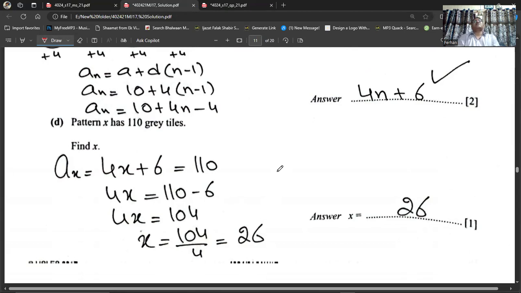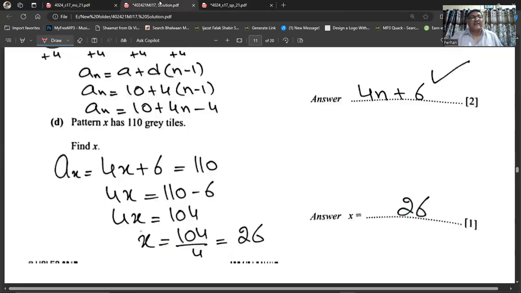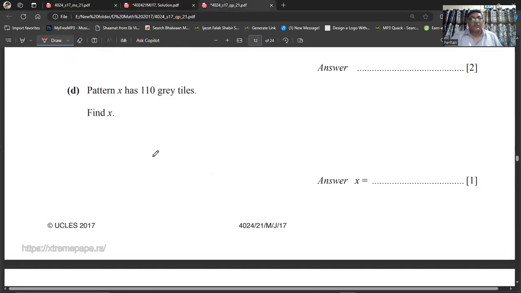So 4x plus 6 equals 110. So 4x will be equal to 110 minus 6. 4x will be equal to 104. And x will be equal to 104 divided by 4, and that will be 26. So the x is 26. I hope it's the right answer, sir. Let's check. X is 26. Our answer is right. This is the solution.